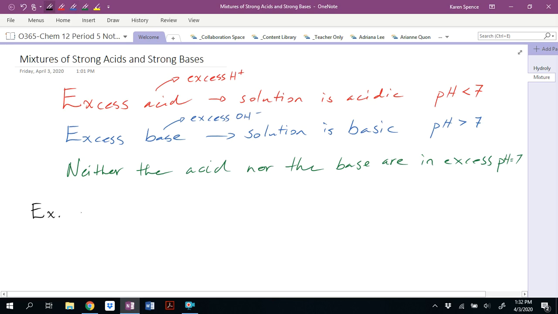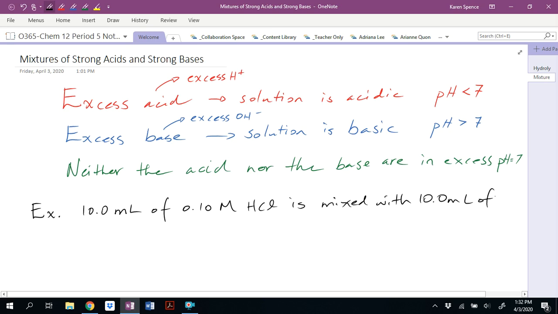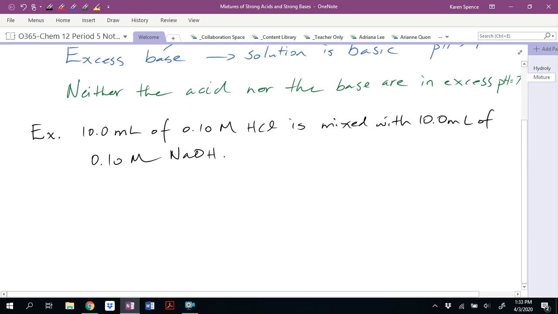So for example, 10 milliliters of 0.10 molar HCl, a strong acid, monoprotic strong acid, is mixed with 10 milliliters of 0.10 molar NaOH. And feel free to pause the video at any time if you need to copy stuff down, obviously.